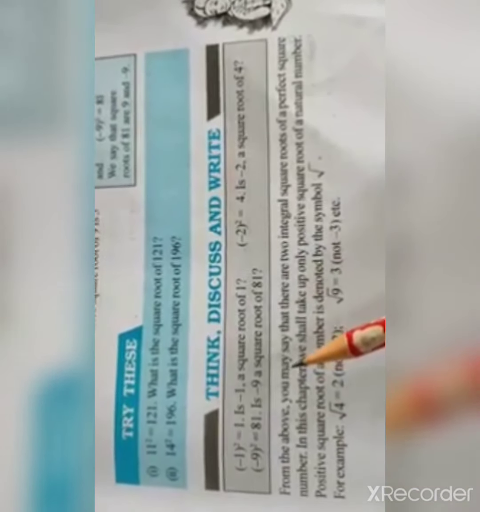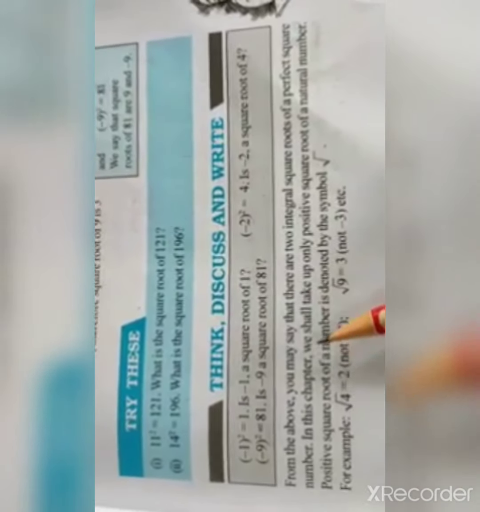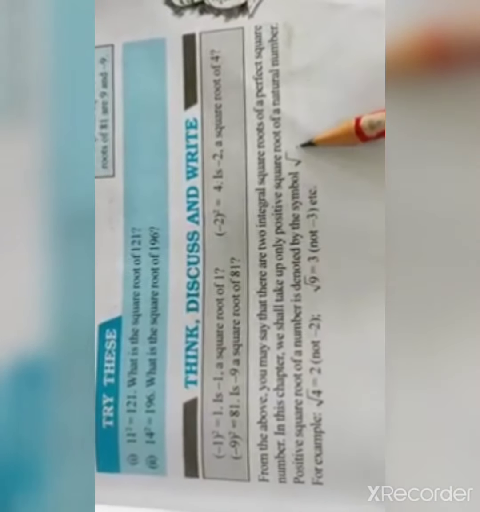So the conclusion is that the square root of a number may be positive or negative. But in this chapter we will consider only the positive square root of natural numbers, and the positive square root is always denoted by the symbol. It may be asked in the exam.